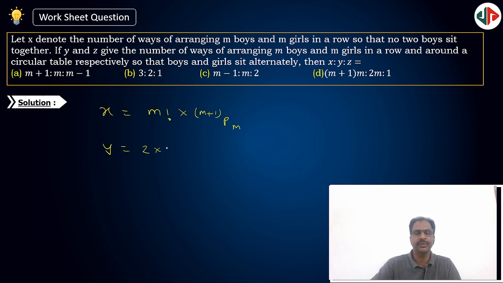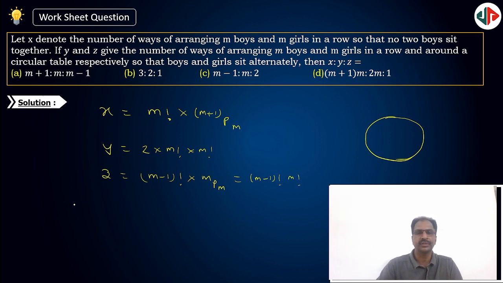So Y will be 2 into M factorial into M factorial. Z. Z is the arrangement around a circle. In case of a circle, first arrange M boys in M minus 1 factorial ways. Between M boys, there will be M gaps for M girls, which will be M P M. So this is M minus 1 factorial into M factorial.